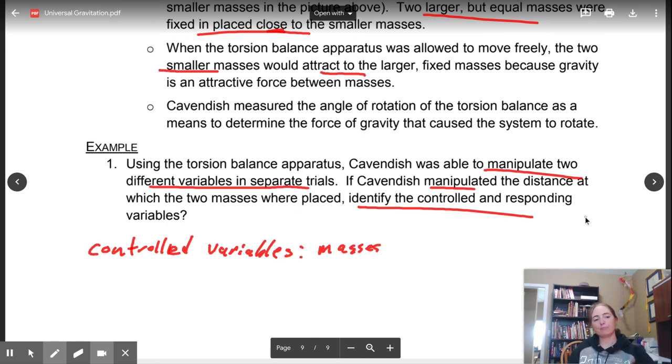The responding variable, now remember, is the variable that changes as a result of the others. So our responding variable would be the force of gravity between the two, but more accurately, it would be the amount of rotation.